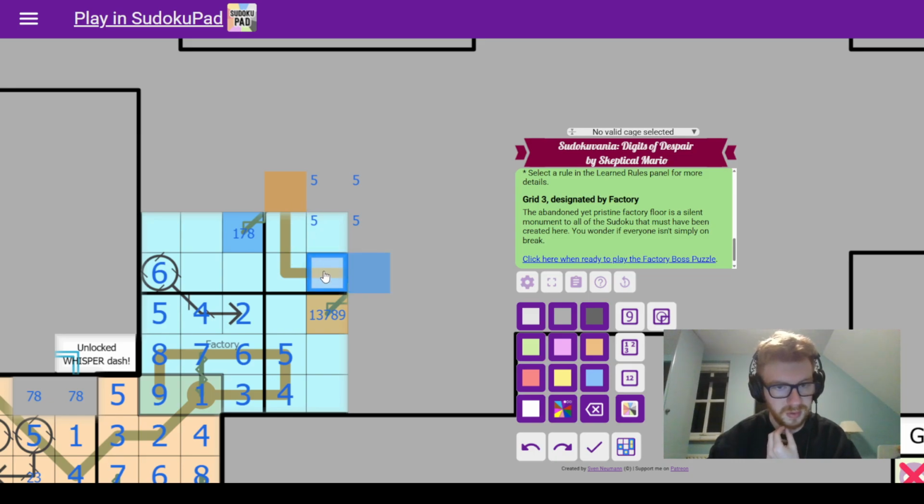That doesn't work, because then it would have to be 4, 3, 2, 1, and that would break because of this 2. And if all of these were high, then we would have 9, 8, 7, 6, and that would break. So this is always the same polarity from the whispers.